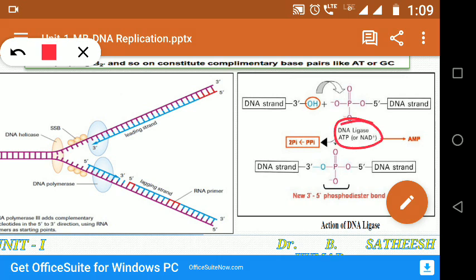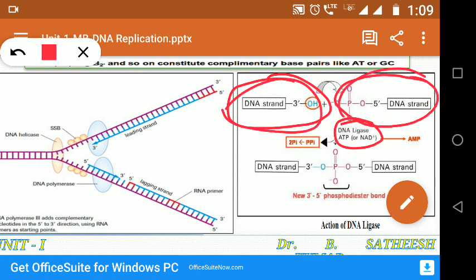DNA ligase enzyme uses ATP for energy, and this is the DNA strand, 5 prime phosphate, 3 prime hydroxy group. This is another DNA fragment. Suppose this is one Okazaki fragment and another Okazaki fragment. A phosphodiester bond is formed between this hydroxy and phosphate group.